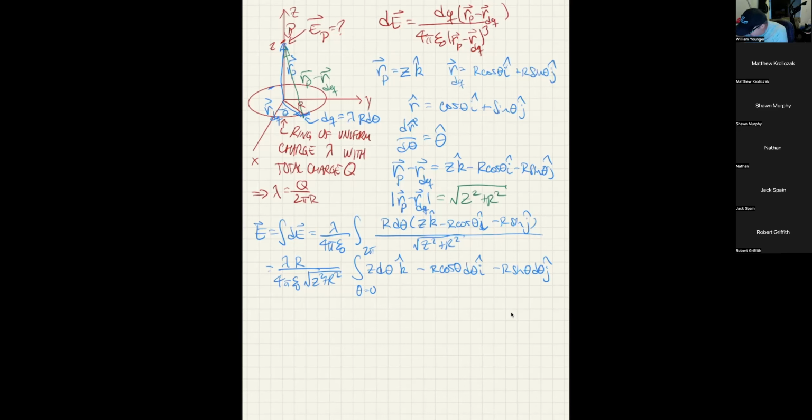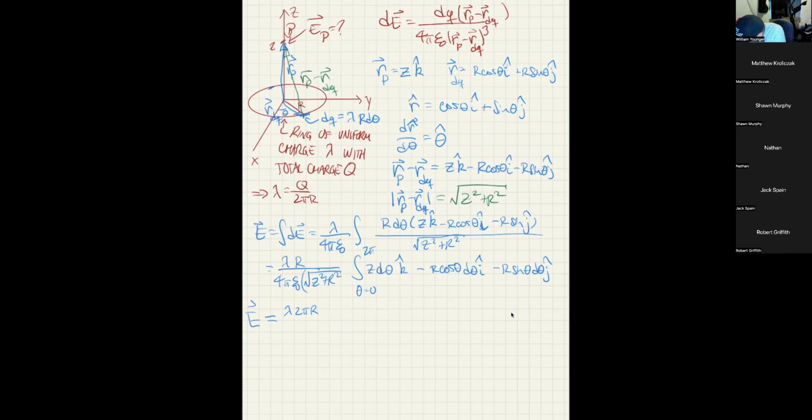I think you can immediately see what this first integral is going to be. The integral of Z d theta from 0 to 2 pi is just 2 pi Z. So what I get is E is equal to, let's write it this way, lambda times 2 pi. Should the quantity of square root Z squared plus R squared be cubed?